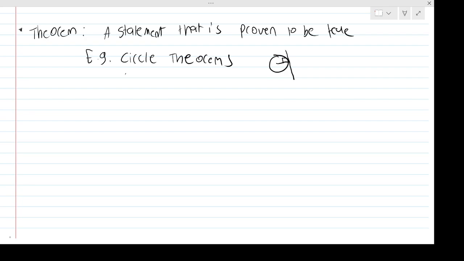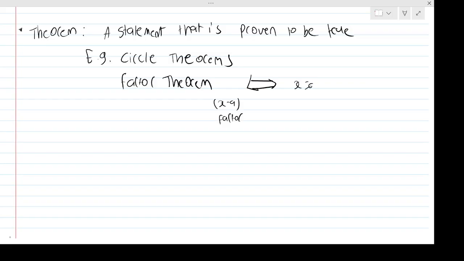Another example, which we looked at last time, is the factor theorem. And earlier we looked at if and only if statements, the double arrow. The idea is that if we have a factor x minus a, then we also know that x equals a is a root, and that is a theorem that mathematicians have proven.